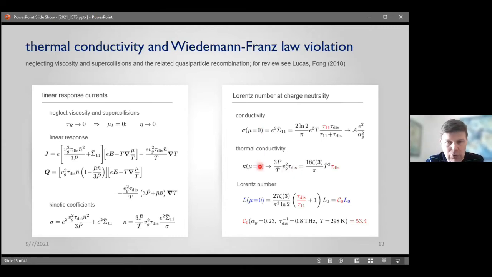And so the ratio of these two conductivities, the Lorentz number, is proportional to the ratio of the electron-impurity scattering time and the electron-electron scattering time.